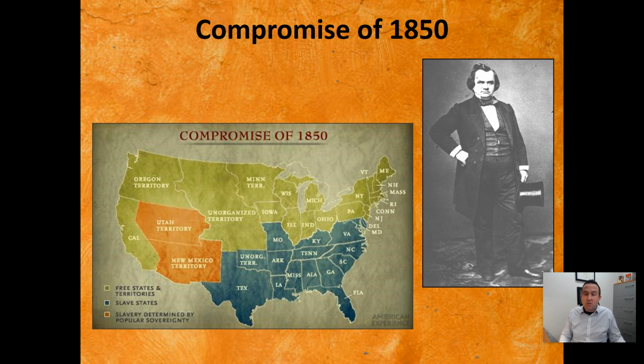Yes, this ticks off Southerners, but the second part of this was the territorial government of Utah and New Mexico would be open to popular sovereignty, which means the people themselves can decide, which means for the Southerners, they get a win here because they can take that territory, they could subdivide it into multiple states. And each smaller state would get to decide its fate regarding slavery based on popular sovereignty.